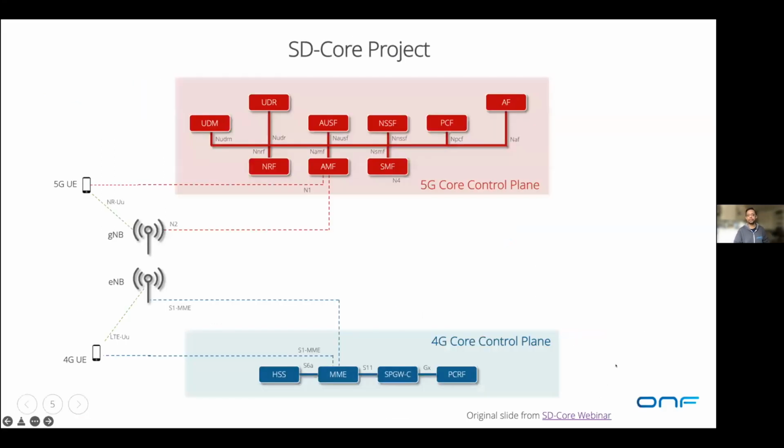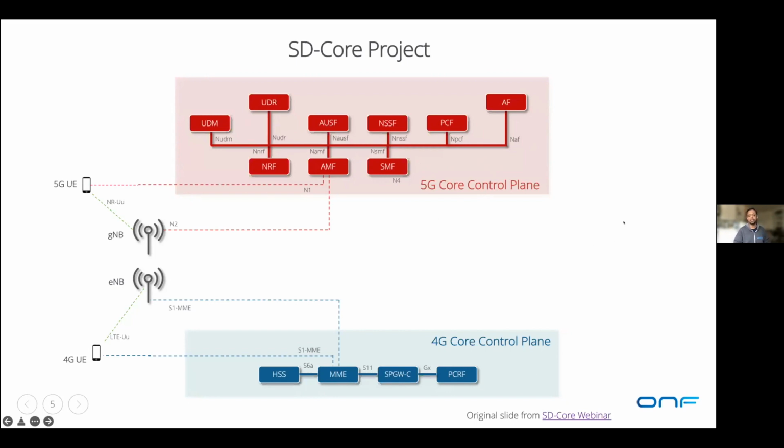Now let's move on to the SD core. Again, the same principles. We have software that is microservices based and cloud native, whether it's the 4G control plane or the 5G control plane. As you can see, these are the network functions that have all been implemented as separate cloud native microservices.